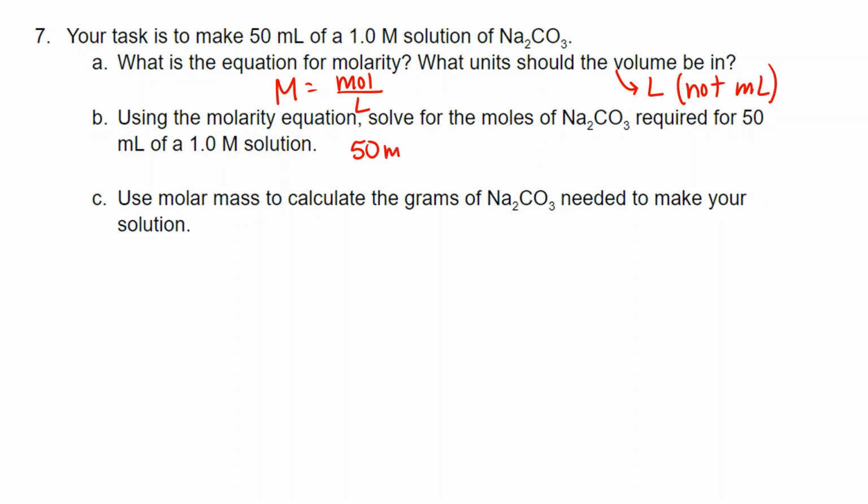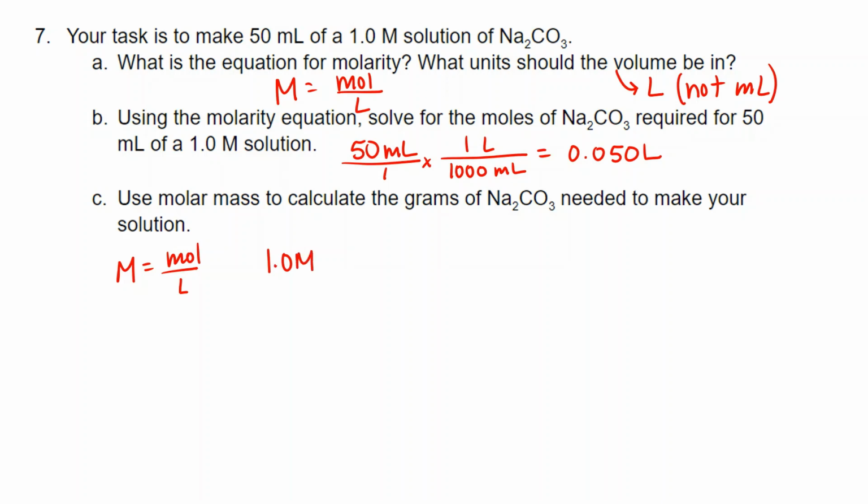First, I'm going to take that 50 milliliters and make sure it is in liters, so I'm going to divide by 1,000. Now my molarity equation is molarity equals moles per liter. We know the molarity of the solution that we want is 1.0 molar, and we know that we want to make this many liters of that solution, so we can solve for the moles required to do that.